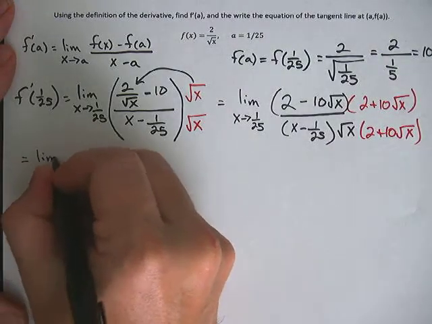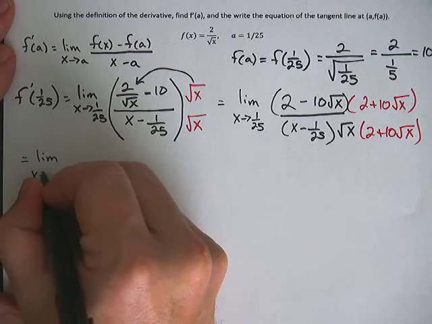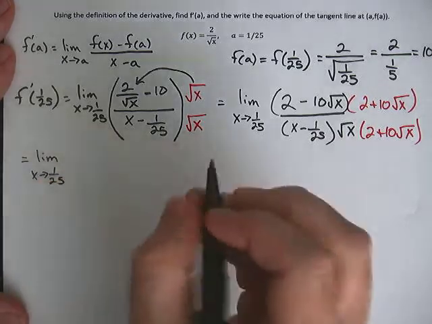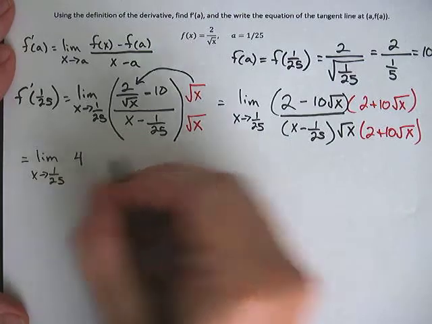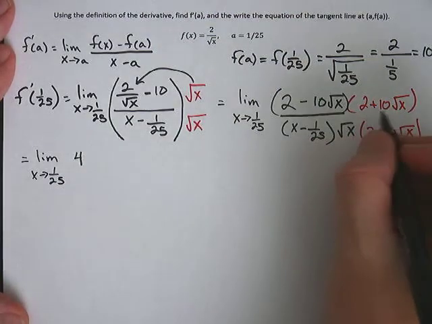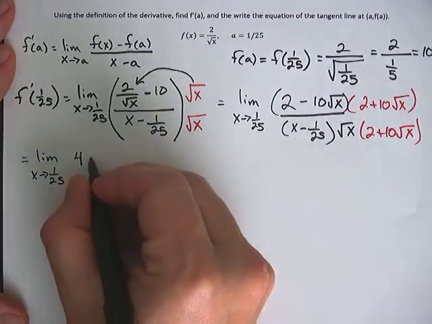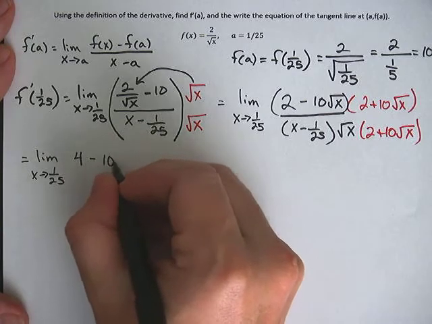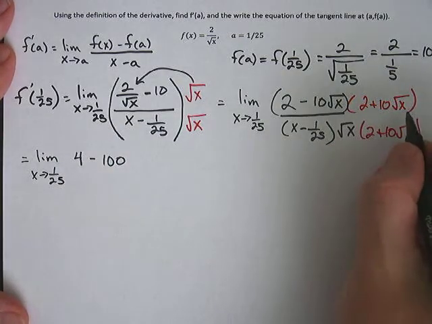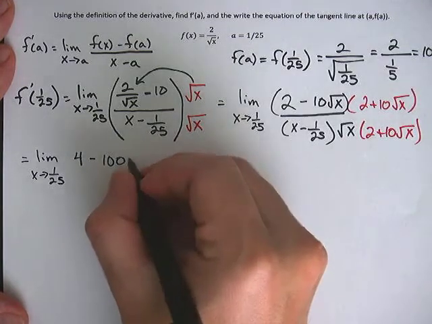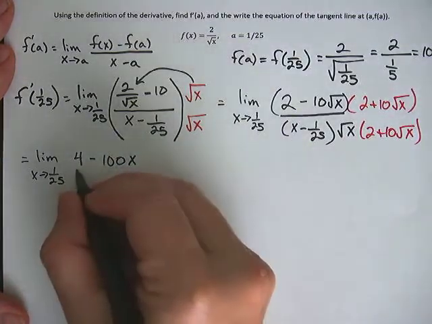We get the limit as x approaches 1 over 25 of 2 times 2, which is 4, minus 100. And what happens when I multiply a square root of x times another square root of x? You just get x.